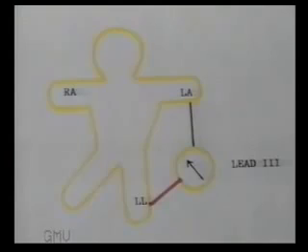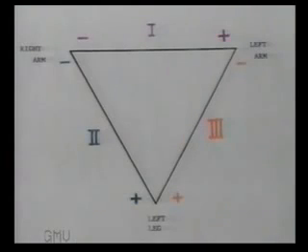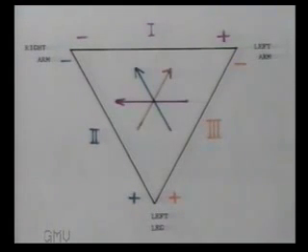Now note the direction of each lead. This is the Einthoven's triangle showing positive terminal of each lead. So lead 1 is directed from the left arm to the right arm. Lead 2 is directed from the left leg to the right arm, and lead 3 is directed from left leg to left arm.